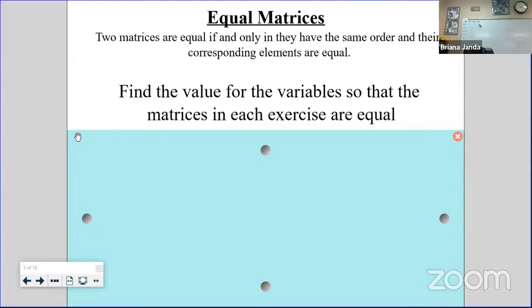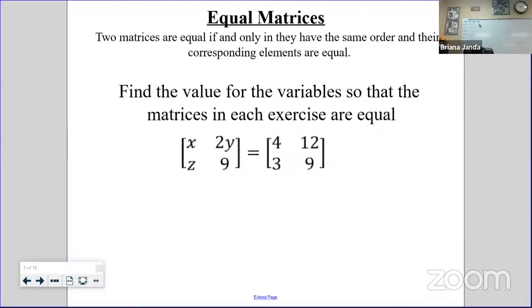Equal matrices just means that they are the same order. So like on our last page was a 2 by 3, another 2 by 3 could be equal to it if all of the corresponding elements are also equal. So how do we use this? Well, a lot of times they'll say that we have equal matrices and all we have to do is match up the corresponding elements and say that they're equal to each other. So if it says find the value of the variables such that the matrices in each exercise are equal, that means your element 1, 1 would be equal to your element 1, 1, or I just like to talk about where they are.